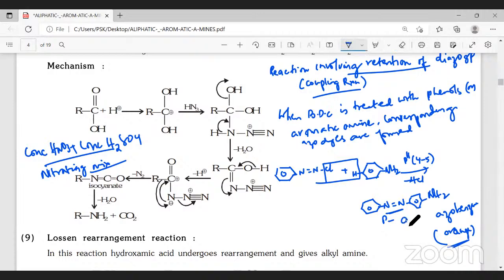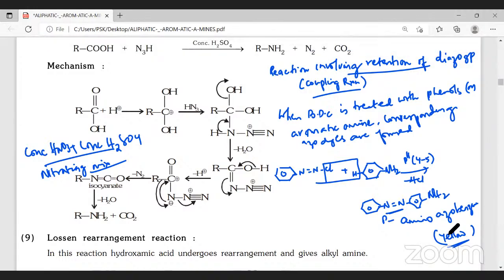This is para-amino azobenzene, which will have yellow color. Para-hydroxy azobenzene will have orange color. Did you understand this reaction? This coupling reaction is important. It's a very simple reaction. Learn these coupling reactions.